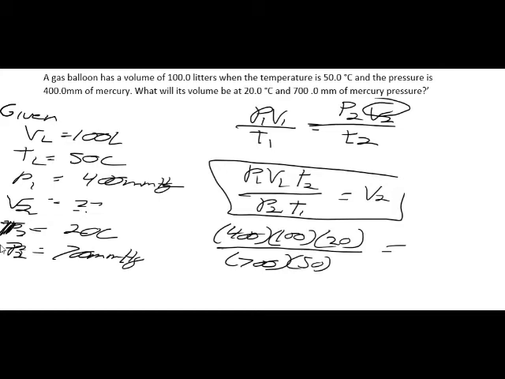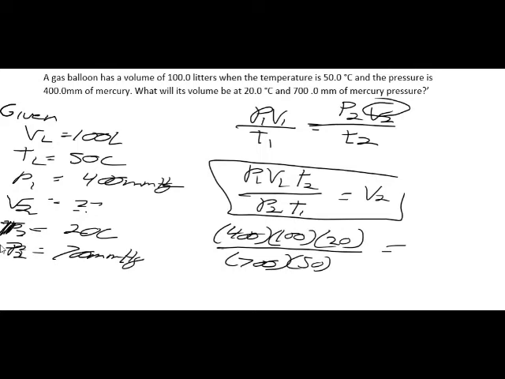So 400 times 100 times 20. Now, divide this by 700 times 50, that would give us 35,000.